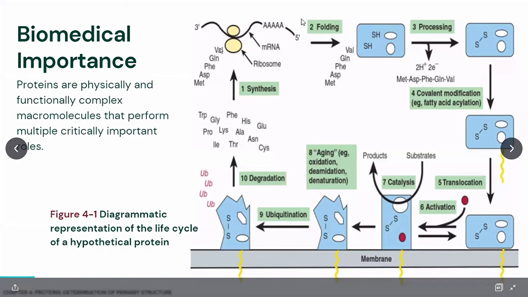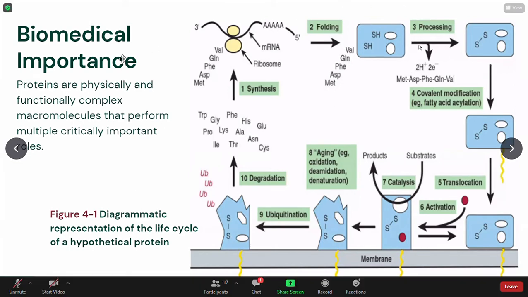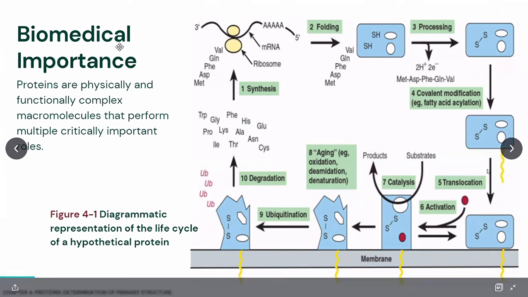And then once this protein has been synthesized, it is being folded. Then it is processed. Some amino acids are involved in processing, covalent modification, and then they are secreted, translocated, then activated.